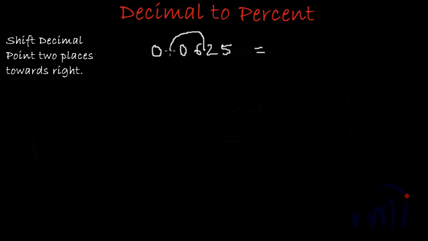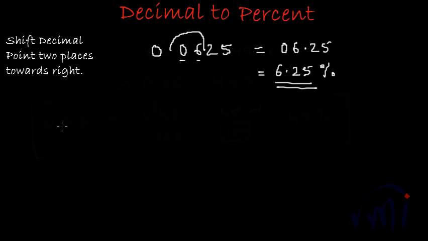So if I shift this decimal point towards its right by 2 digits, it will become 06.25, or it can be written as 6.25%, right? This is when we follow this procedure, and otherwise also if we go through the first principle, we will reach here only.